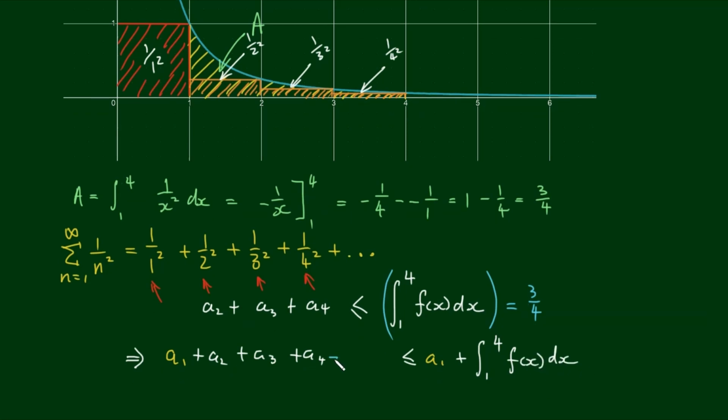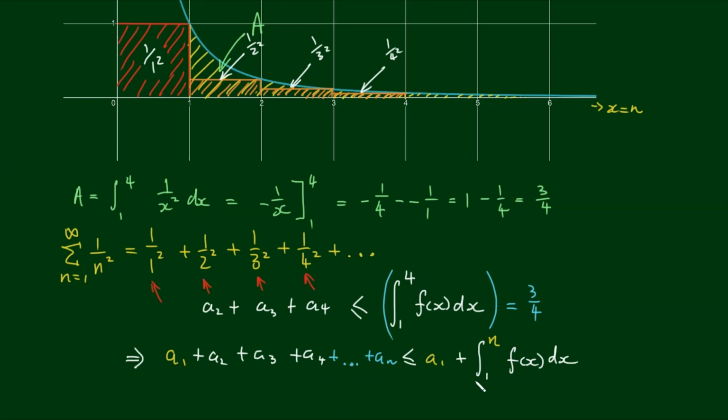But if we keep adding rectangles, this inequality still remains true. So if we were to add up to the nth term and we extend the integral to x equals n, alright, so we extend the area under the curve to x equals n, so we change the bounds of the integral from x equals 1 to x equals n.